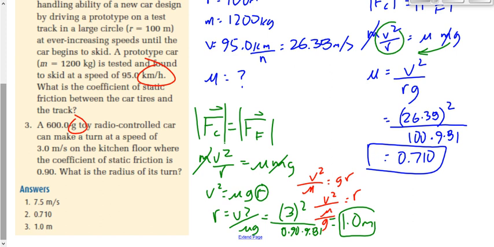Okay, because you took them both over at the same time like I did? Yeah. But you understand that it doesn't matter. You can take them over one at a time. We could have even said v squared over g divided by mu. It would have been the exact same thing. As odd as that looks to be the same thing, it is the same thing.